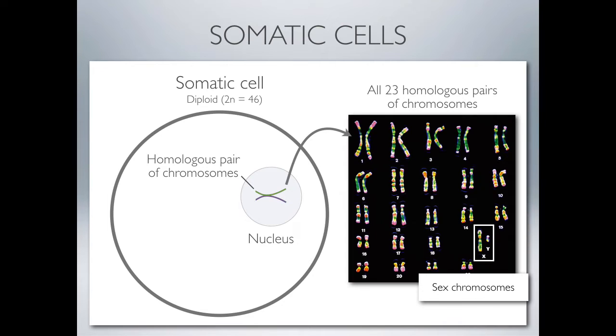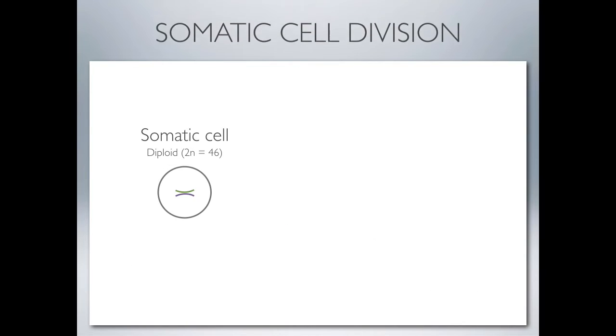And so when your somatic cells want to divide, like they did when you were first fertilized as a zygote, and as you continue to do on a daily basis, then the somatic cell will split so that it produces two cells where there was one. Okay, so let's keep track of how much genetic material we have here.